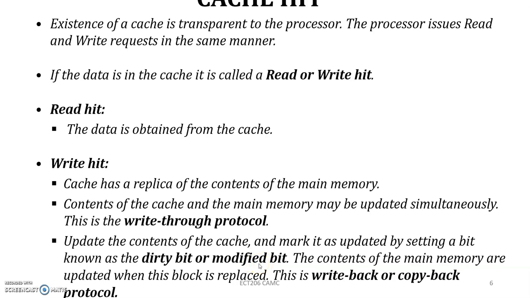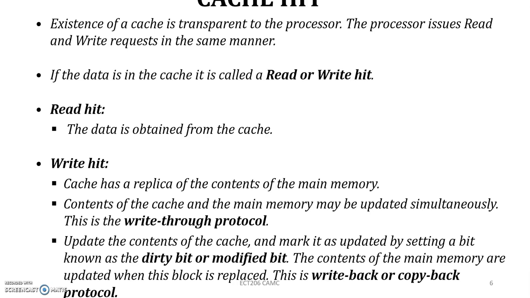So there is another method of writing to the cache. First we write the data to the cache memory. There will be a bit called the modified bit or dirty bit, and we set that bit so that it indicates that the data in the main memory and the cache memory is different.